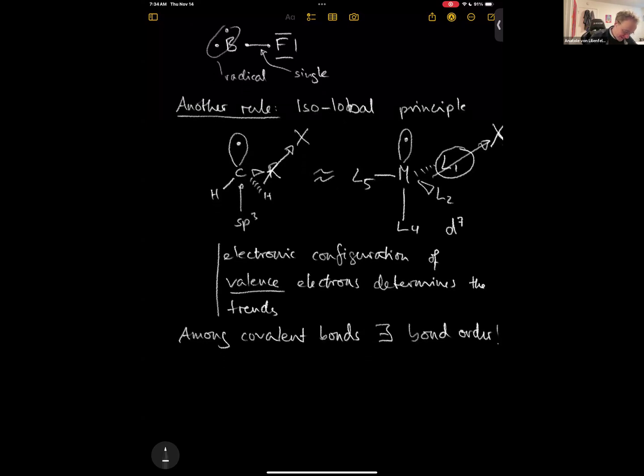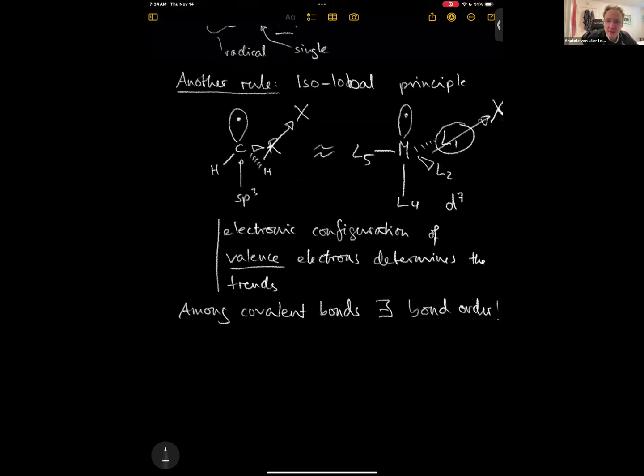We can draw that in terms of valence electrons for the various hybridization states.